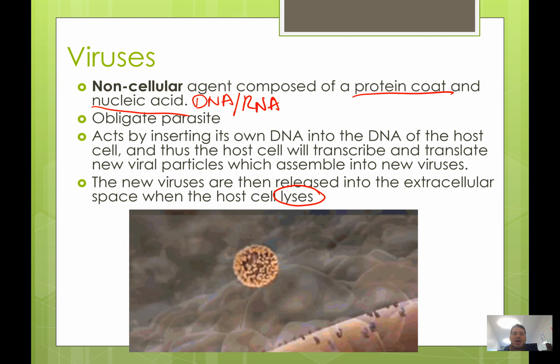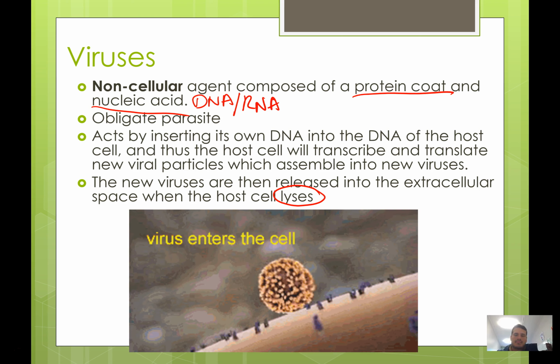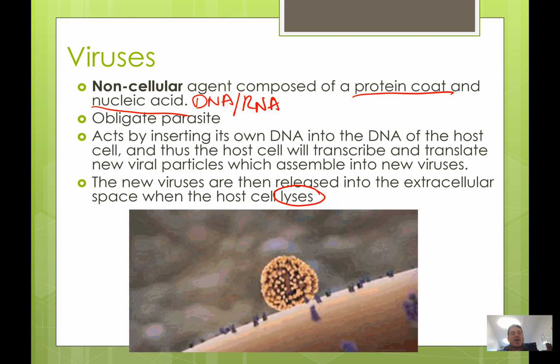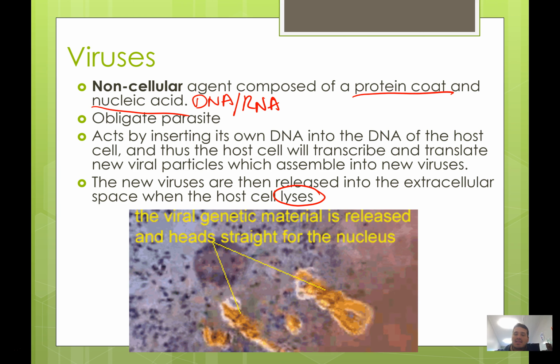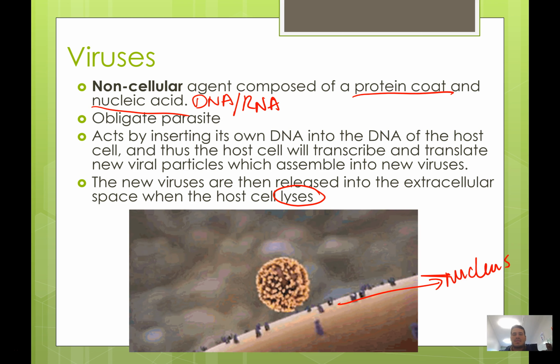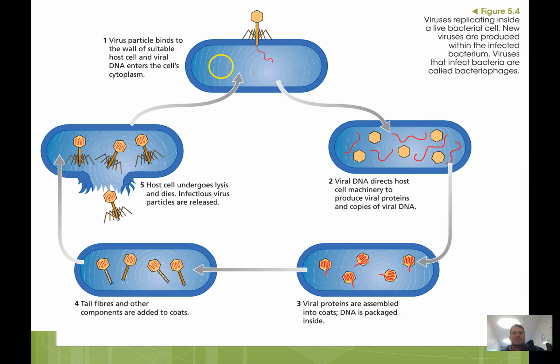And then it's going to show us again that viral genetic material, viral DNA, is going to go and attack the nucleus and thus the DNA of the actual cell, and do the stuff that we just talked about. So this is a little figure of how a specific kind of virus called the bacteriophage works.